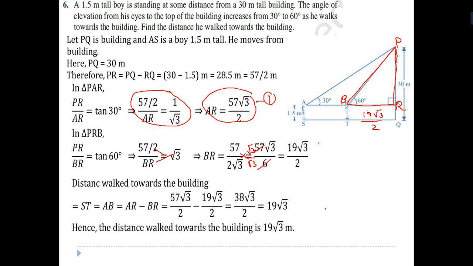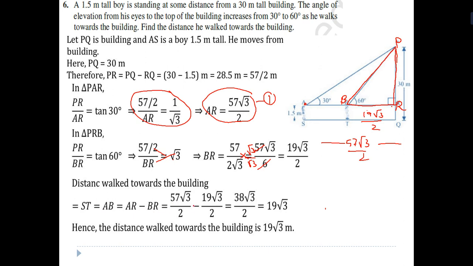AR, that is 57 root 3 by 2. So from A to R we get 57 root 3 by 2, and from B to R we get 19 root 3 by 2. So we have to subtract it. So AB is equal to AR minus BR.